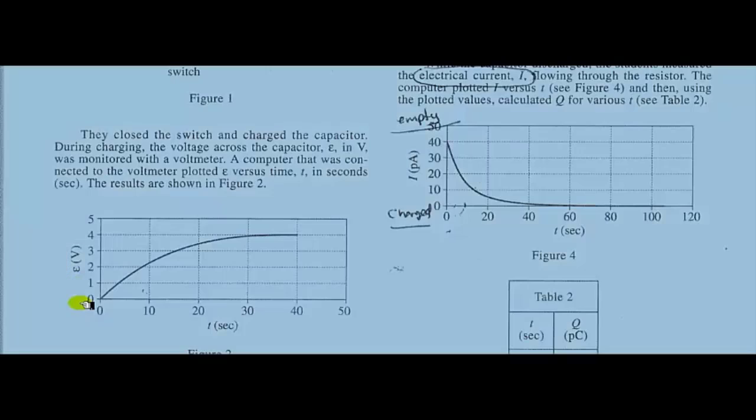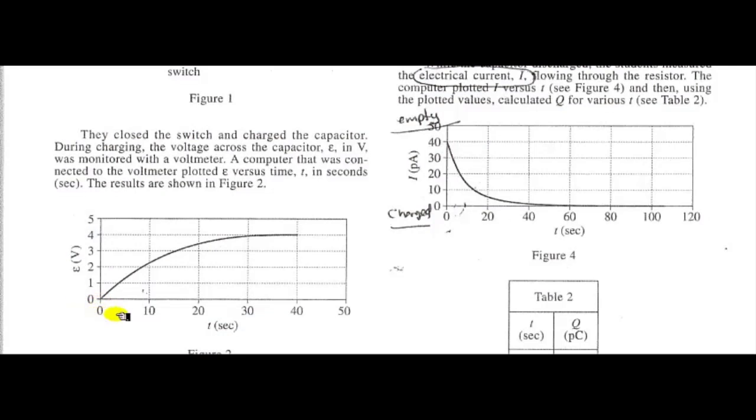Now, it's a relationship question. What happens as you increase from 0 to 30? Here is 0, and here is 30 on the x-axis. As we increase from 0 to 30, the voltage across the capacitor goes from 0 to 1 to 2 to 3 to 4. So if we were to put arrows in here, that is a positive relationship. As you increase the time, the volts also increase.